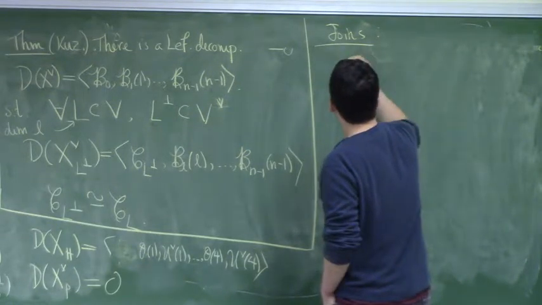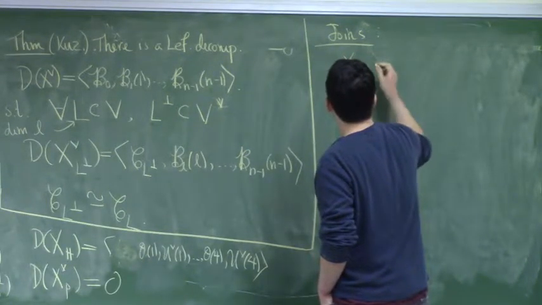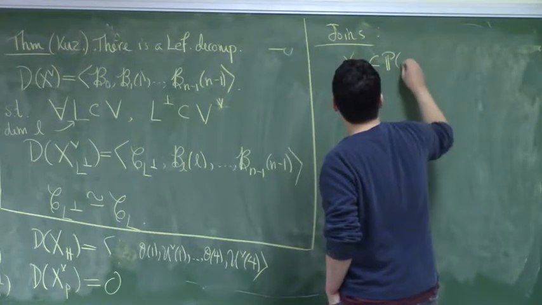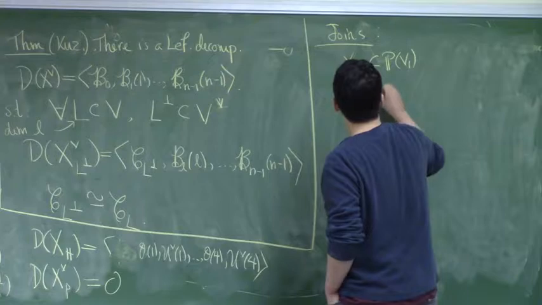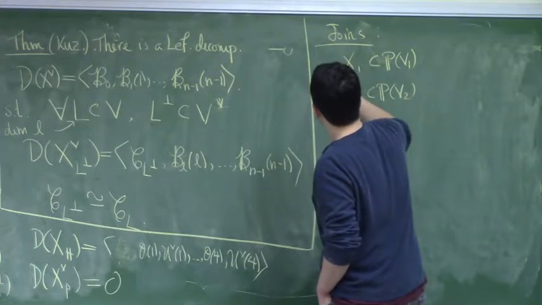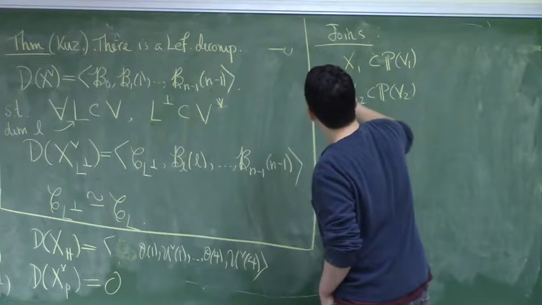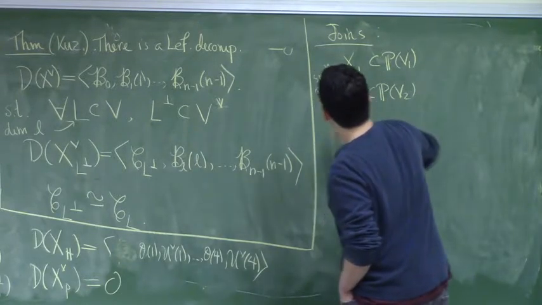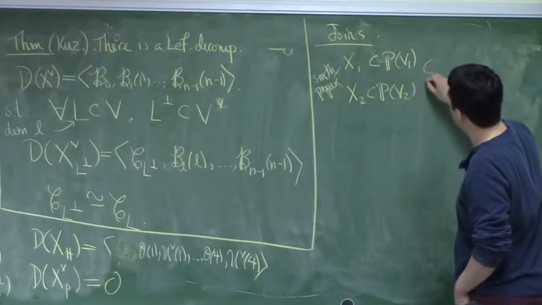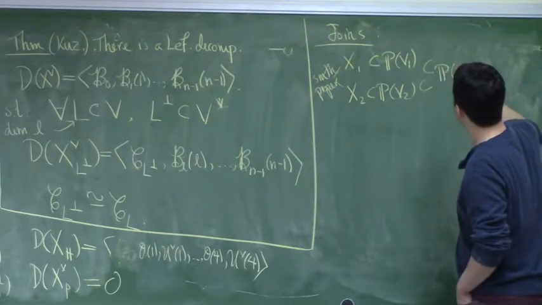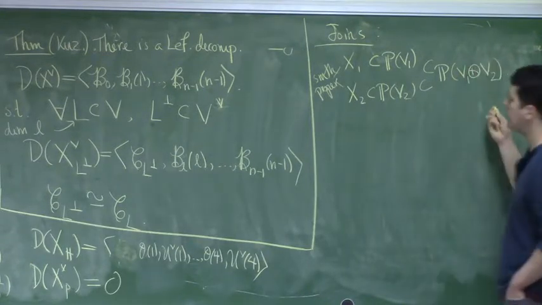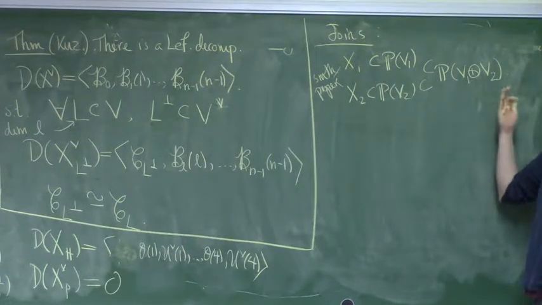Okay, so just for motivation, let's say that I have two varieties, X1 and X2, sitting inside of P(V1) and P(V2), and let's say they're smooth and proper varieties embedded in projective space. Then something that you can do is think of them as sitting inside of this bigger projective space, P(V1 plus V2), and inside of this big projective space you can take their join.